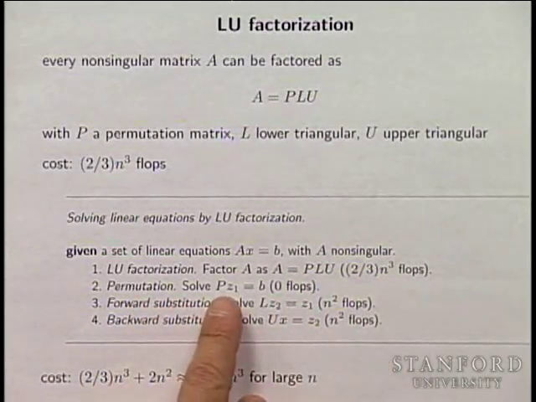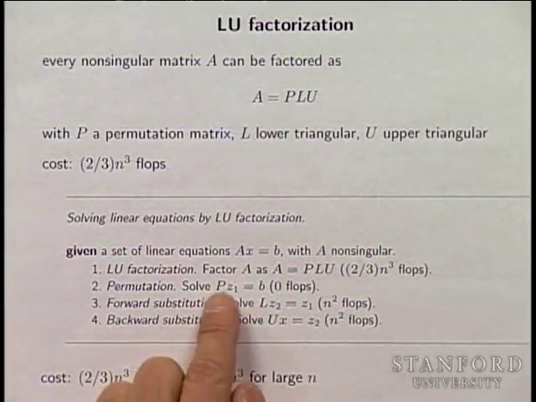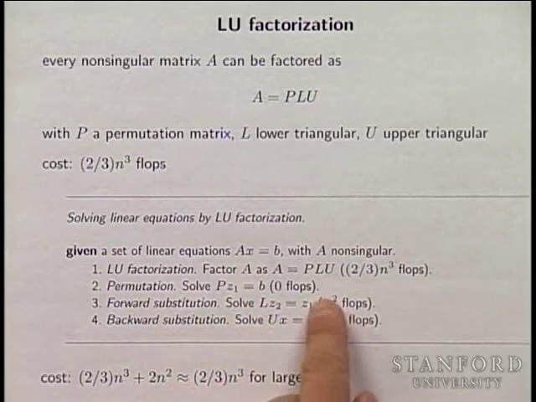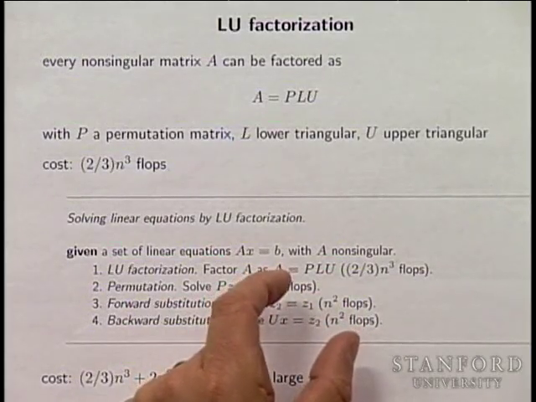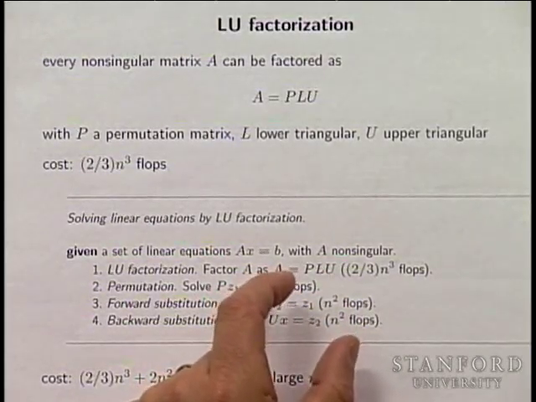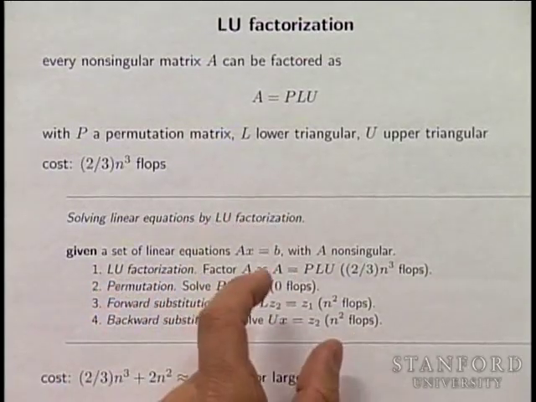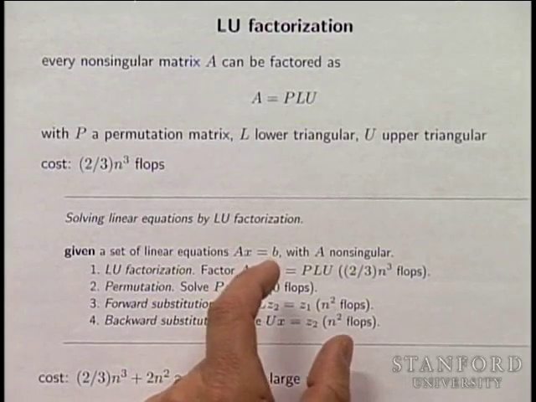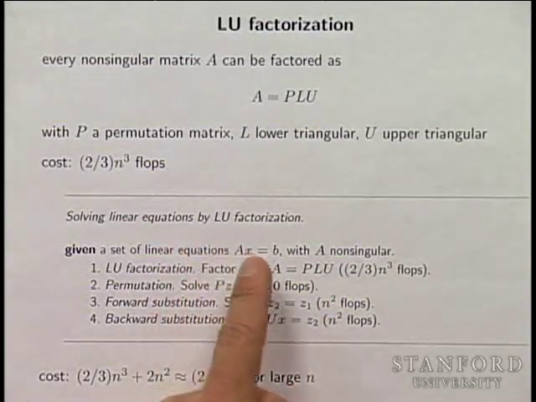Then you permute the right-hand side, then do forward substitution and backward substitution. Each of these costs n squared flops, so this is negligible, except if n is like 6 or 8. But if n is 50 or 100 or more, then it's just order n cubed.